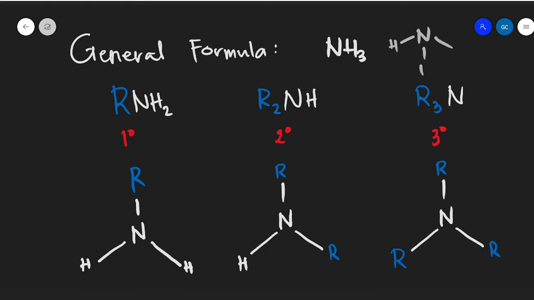So we have these three hydrogen atoms, then we have a lone pair here. So in the general structure of our amines, we do not show the tetrahedral shape of our bond formation because it may cause some confusion if we are to talk about that.